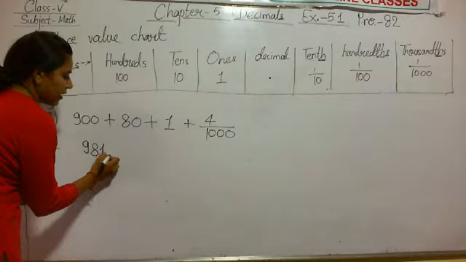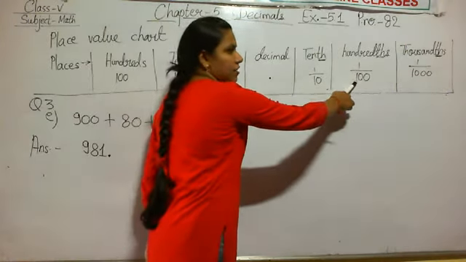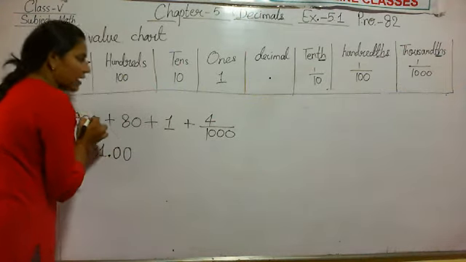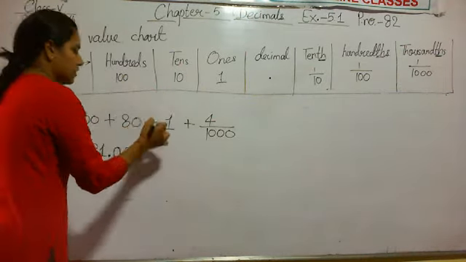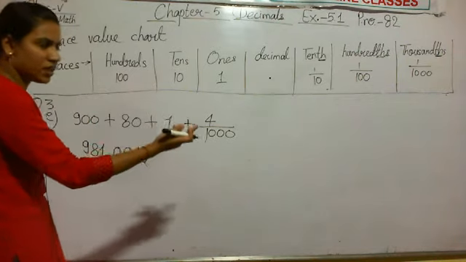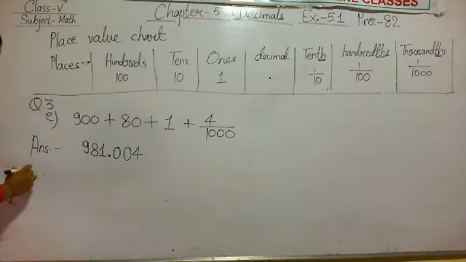So put a decimal here. There is no term for the 10th place and 100th place, so write 0 at the 10th place, write 0 at the 100th place, then write 4. Why? Because 4 is located at the 1000th place. That is why we need to put these two zeros.